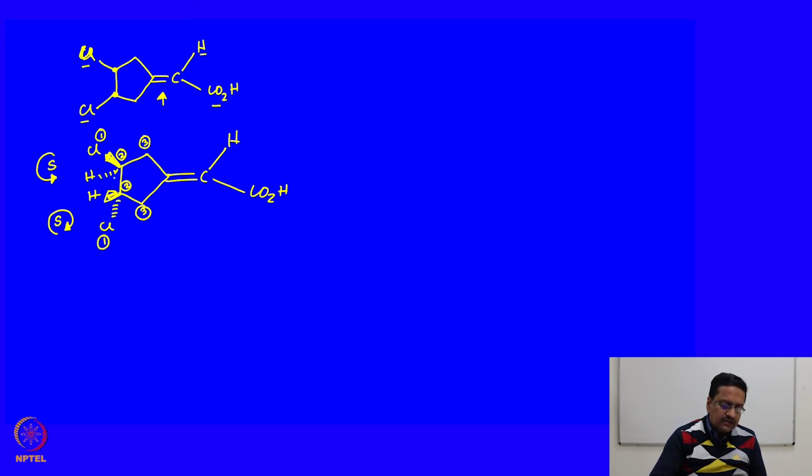So, both of them being S, this has only one isomer, because for this group what we have here is a double bonded carbon with hydrogen and CO2H, and two groups are same. So, this has only one isomer.